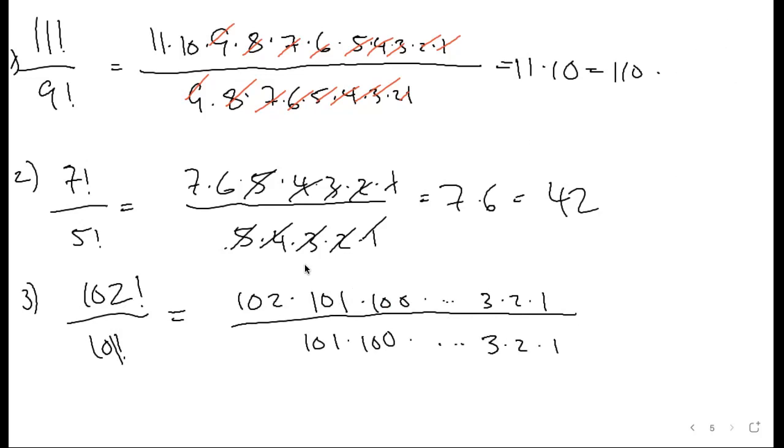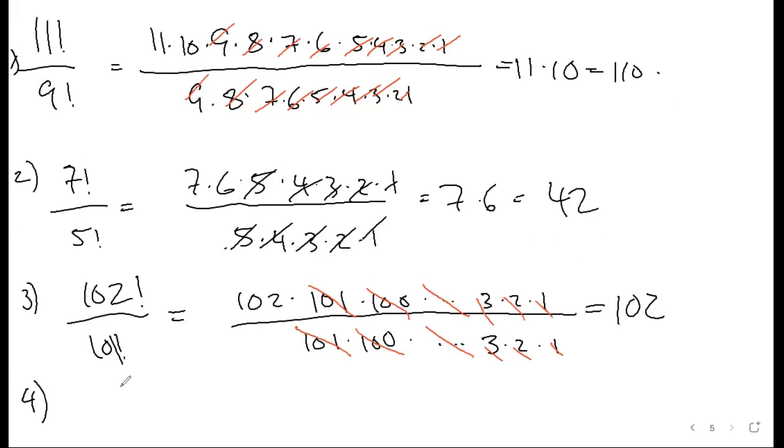Well, if you think about it, you can do the same thing. You're making a lot more cancellations, but you're just doing cancellations. So 101 will cancel with 101. 100 will cancel with 100 down here. Everything in between will cancel with everything in between. And at the end, everything will cancel. So you're just left with 102. Is that clear? Good question, Maria.